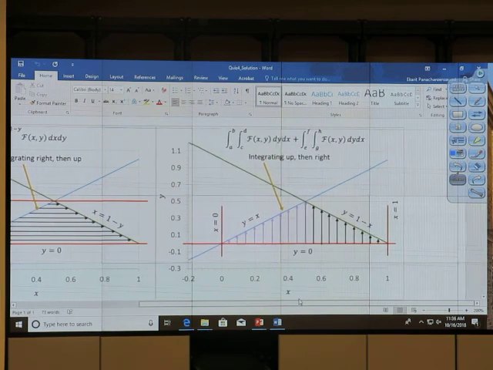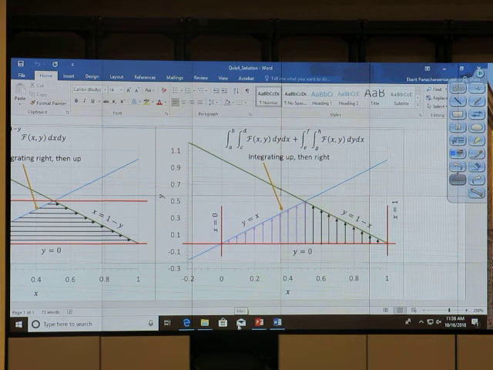Okay. Instead of left to right, bottom to top, this time I do bottom to top and left to right. Bottom to top means, oh, now it's a little bit difficult because bottom may be one line, but top there are two functions. So this means I have to split into two functions, right? Not just one.